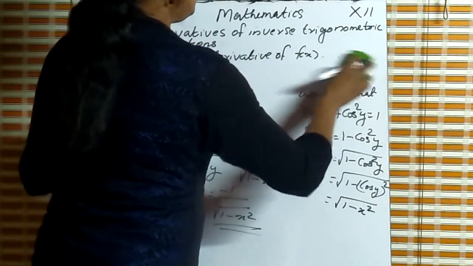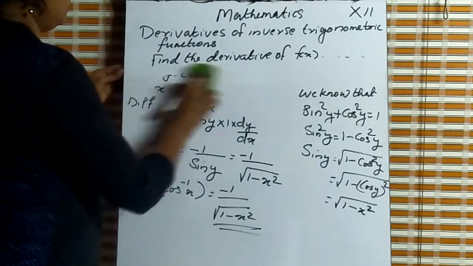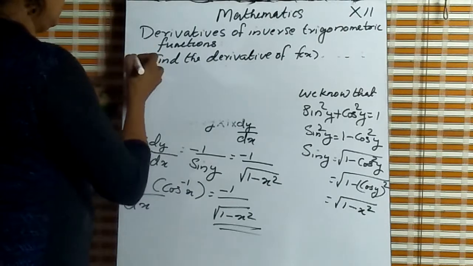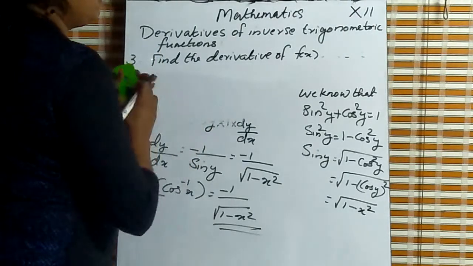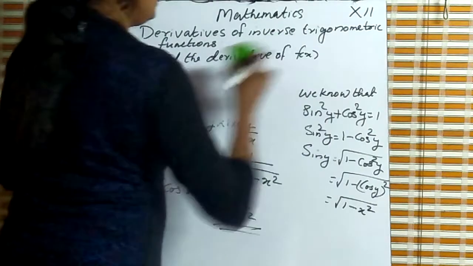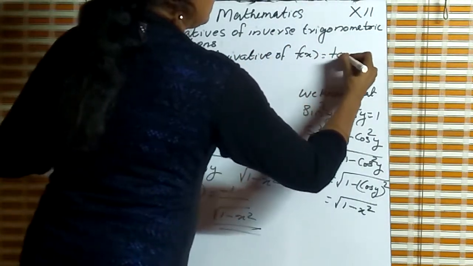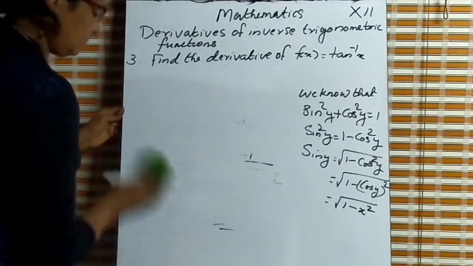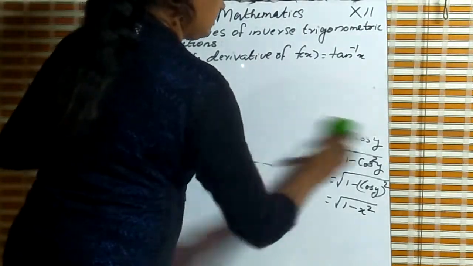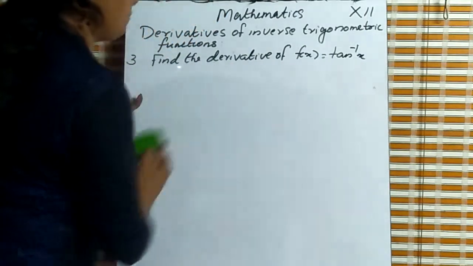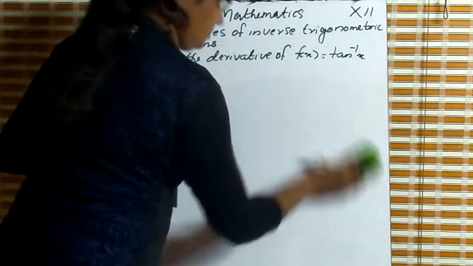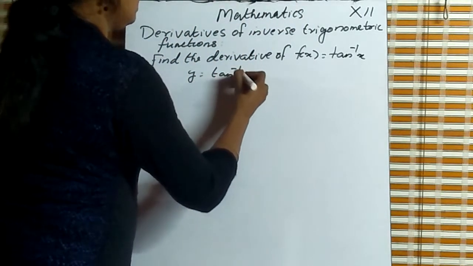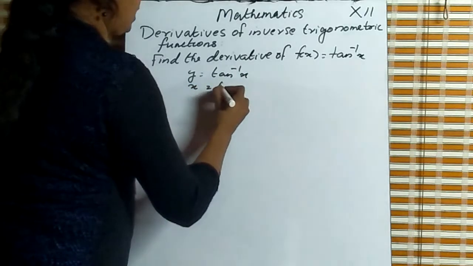Then, third question. Find the derivative of f(x) = tan inverse x. F(x) is equal to tan inverse x means y is equal to tan inverse x, which implies x is equal to tan y.